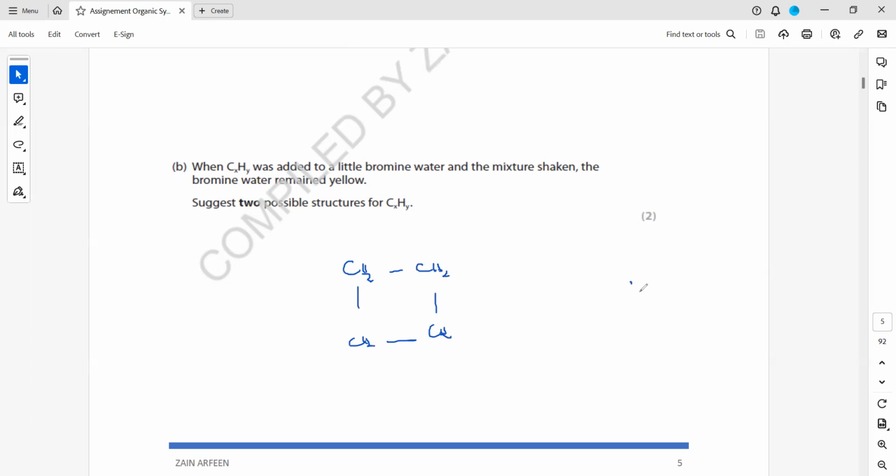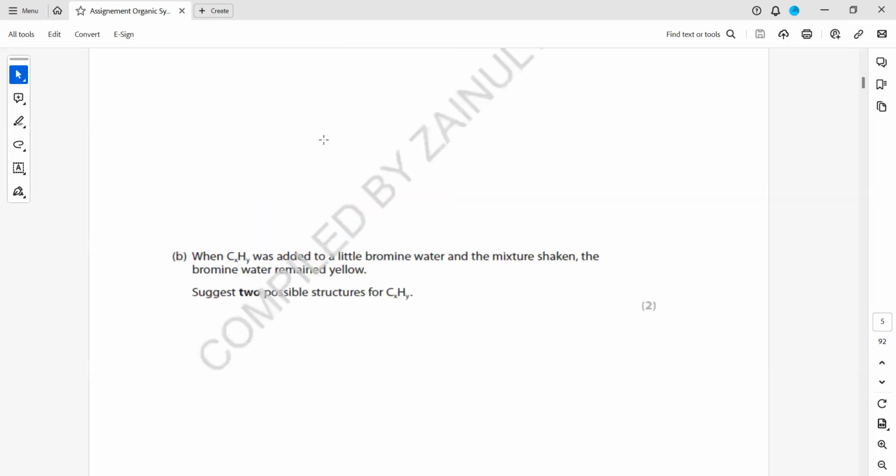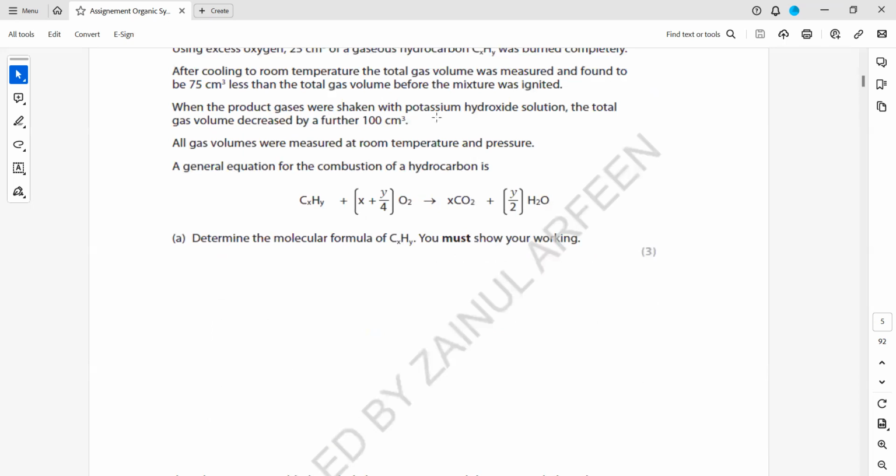This is one. And another possible structure, CH2, CH2, CH, and then CH3. Because it does not decolorize bromine, this gives an idea it is a cyclic alkane rather than alkene. Is it clear?